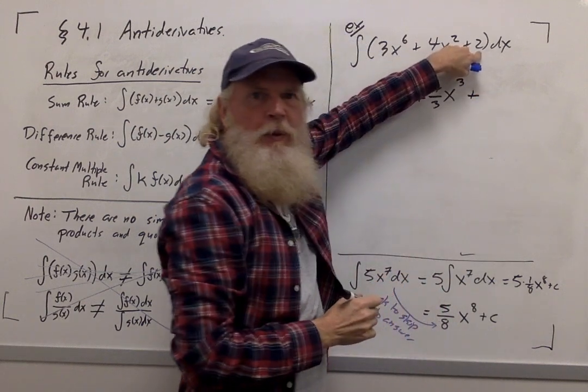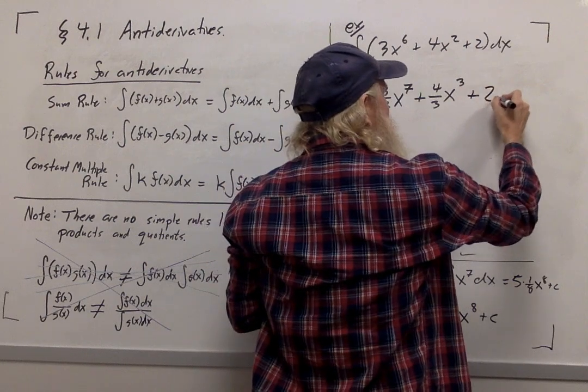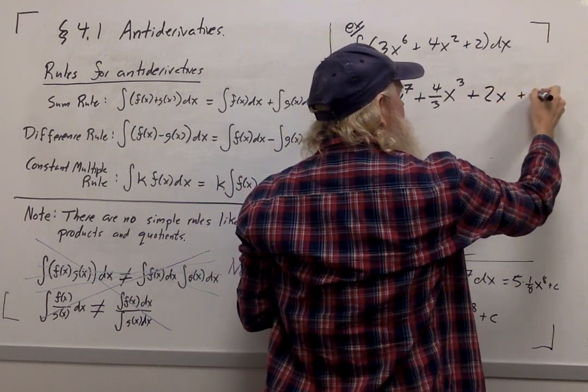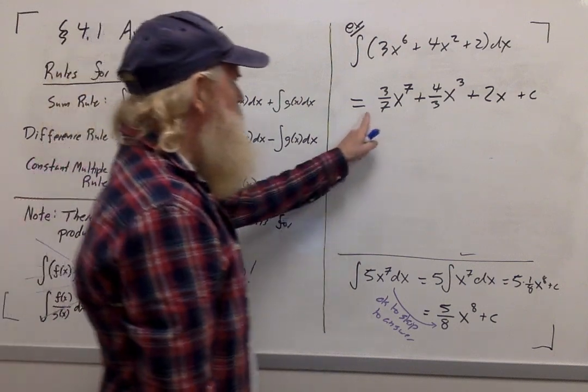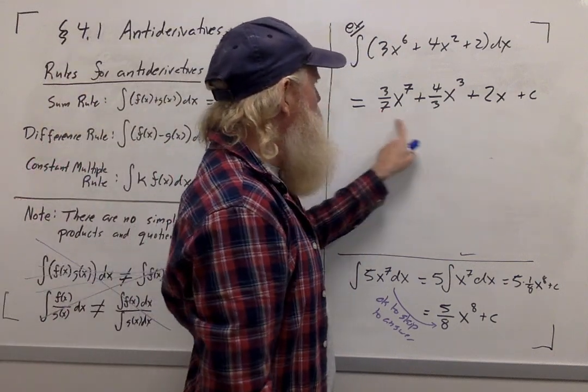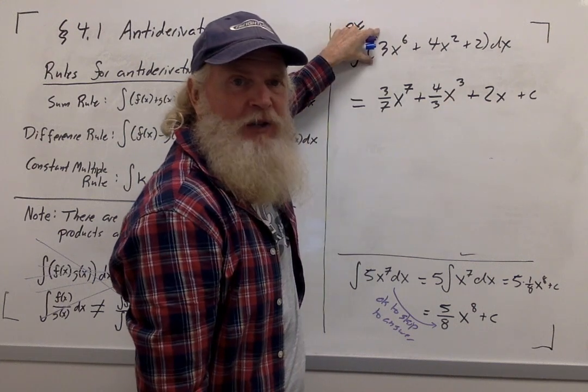And then last, remember that the integral of a constant with respect to x is the constant times x. And of course, it's easy to check your answer just by differentiating this. If you differentiate your proposed antiderivative, you should get this function that you start off with.